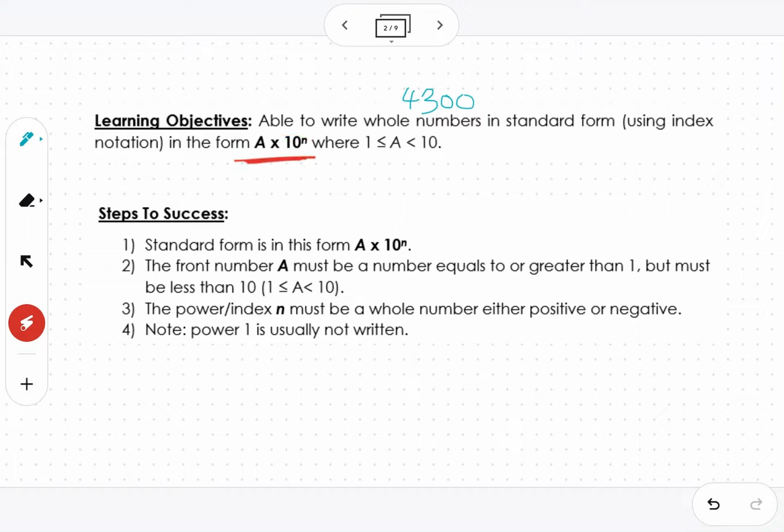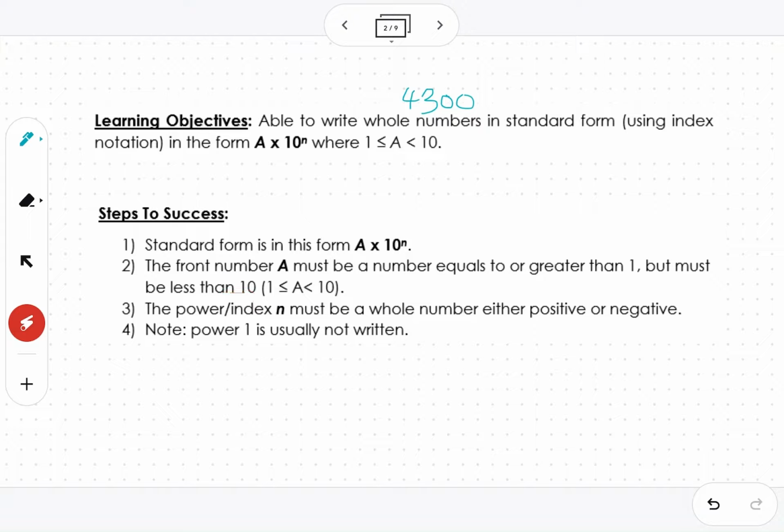What is this? Okay, let's go to steps to success. Standard form is in this form. Okay, so A must be equal to 1 or greater than 1, but it cannot be 10 or more.